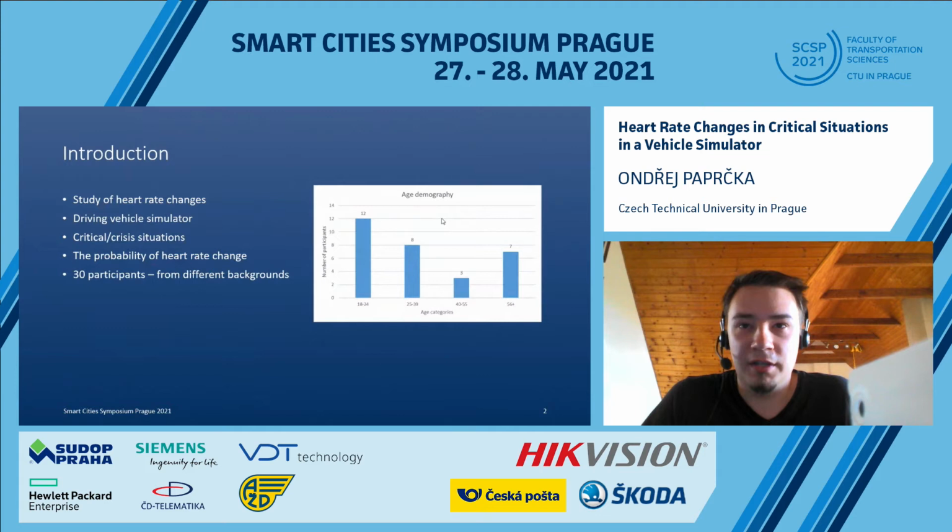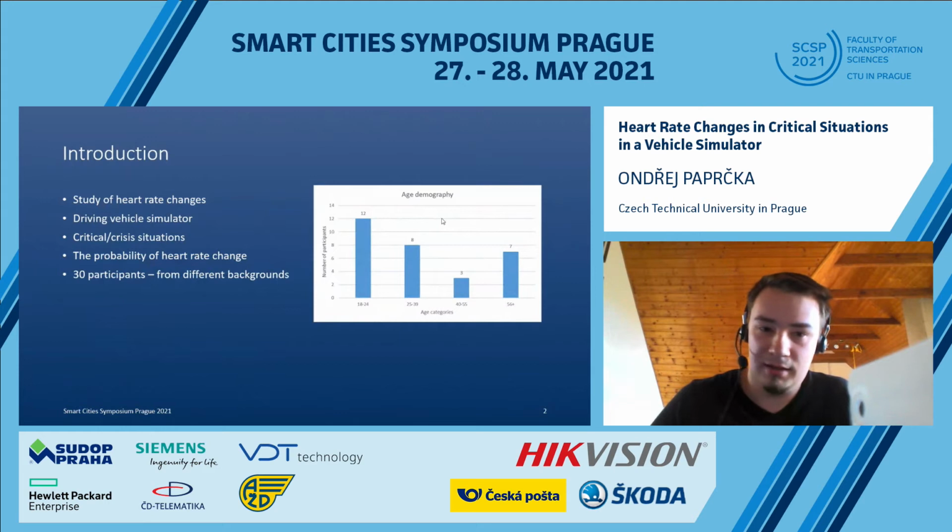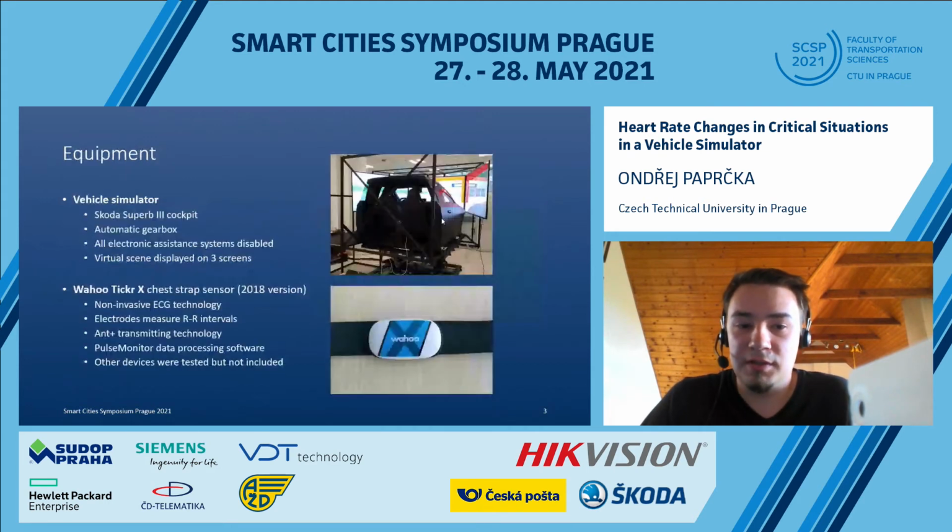Overall, there were 30 participants from different backgrounds and of different ages. The equipment used was a vehicle simulator, the Škoda Superb cockpit, with an automatic gearbox, all electronic assistance systems disabled, and the virtual scene displayed on 3 screens all around the simulator.